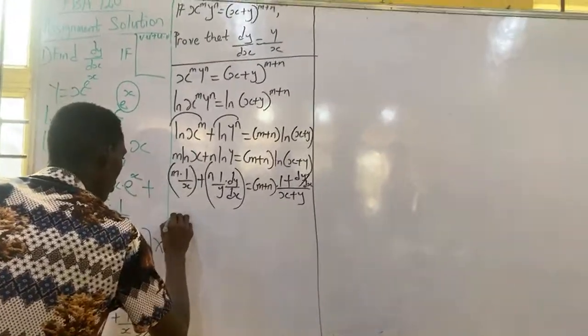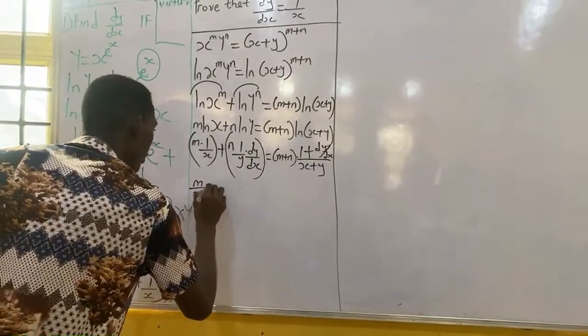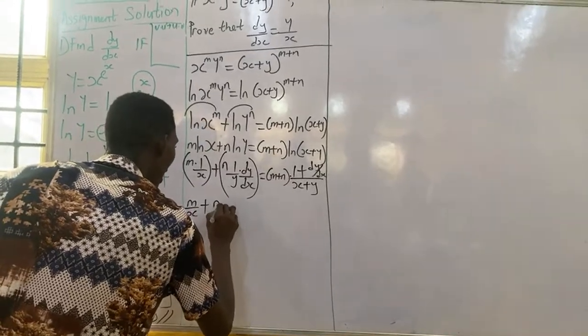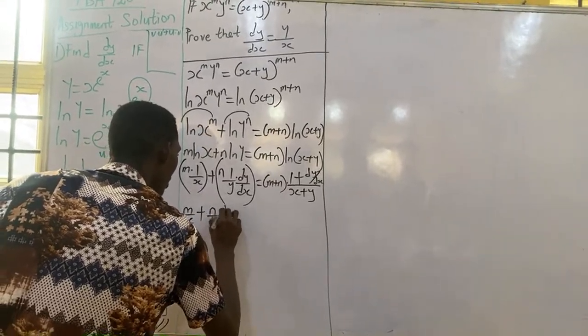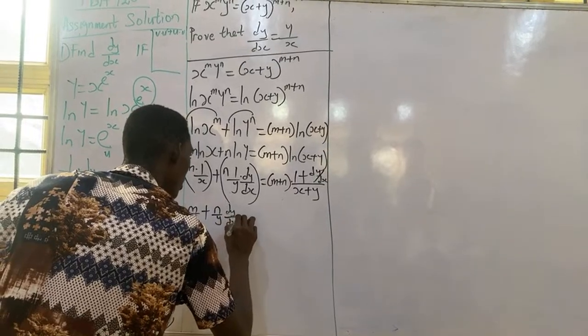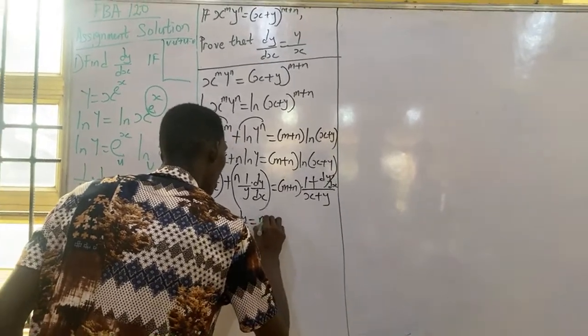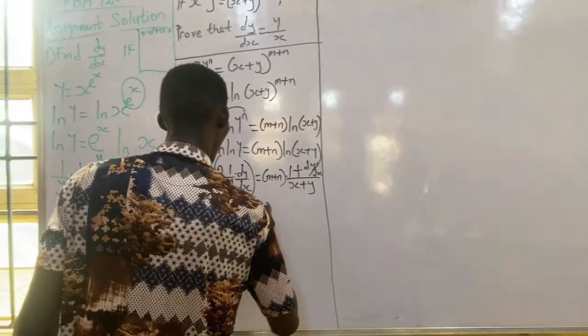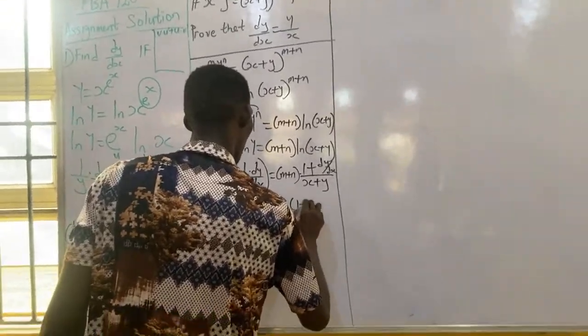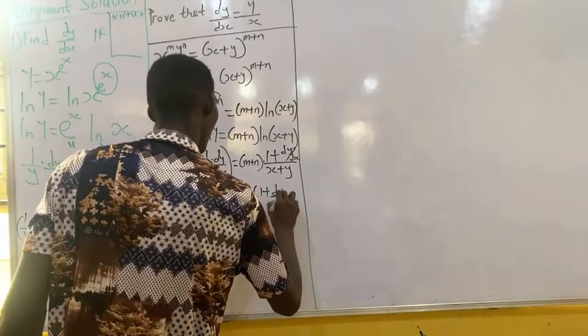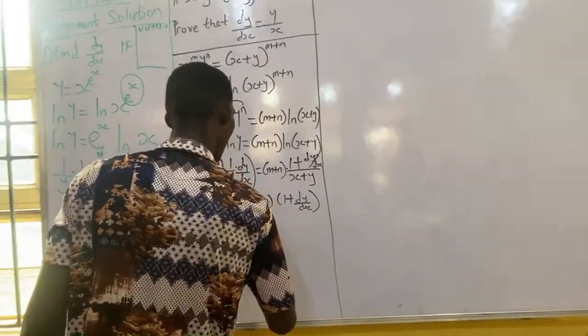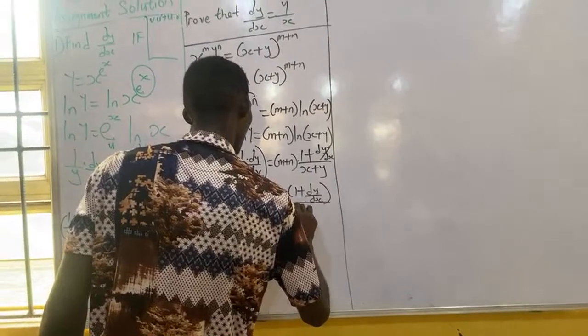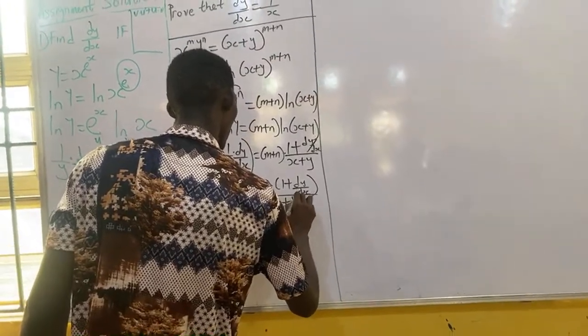So now let's write it to make this look in a more cleaner form. So this is m over x plus n over y dy/dx is equal to m plus n in bracket 1 plus dy over dx close bracket over what? x plus y.